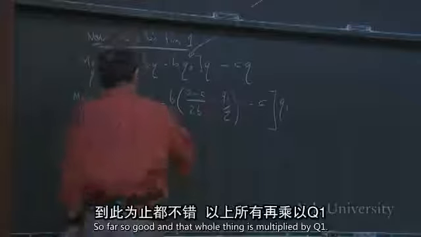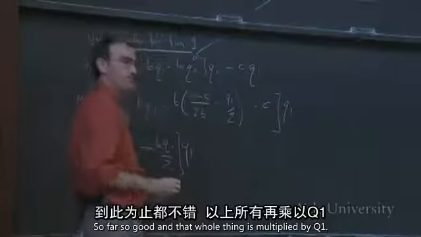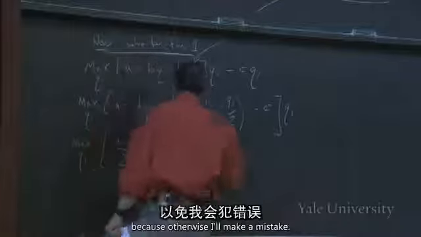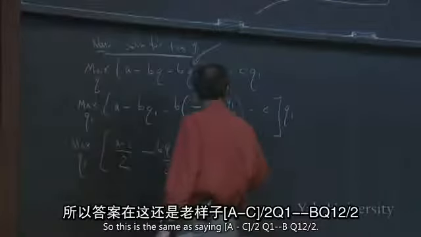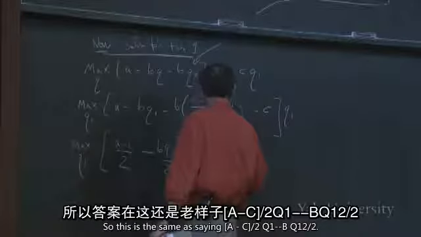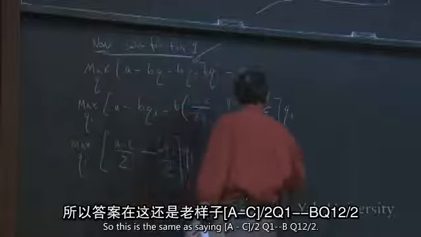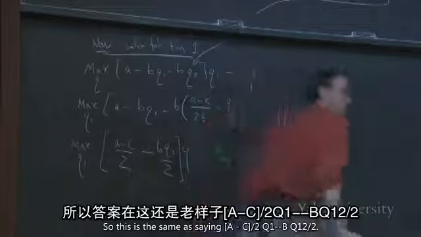So far, so good. And that whole thing is multiplied by Q1. Let's multiply out the bracket, because otherwise I'll make a mistake. So this is the same as saying (A minus C) over 2 times Q1 minus B Q1 squared over 2.